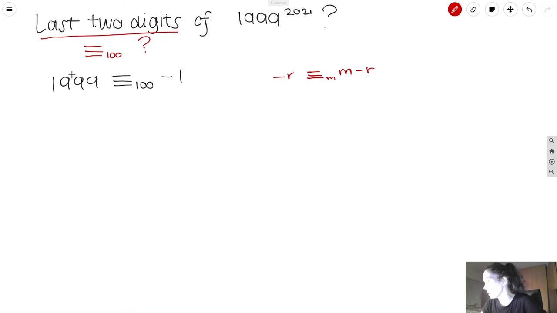So what we have here now is going to be minus 1, m is 100, and then 100 minus 1 is 99. We can also add a multiple of 100, that is how we get to 1999 being equal to minus 1 mod 100, since 99, 99, these correspond.